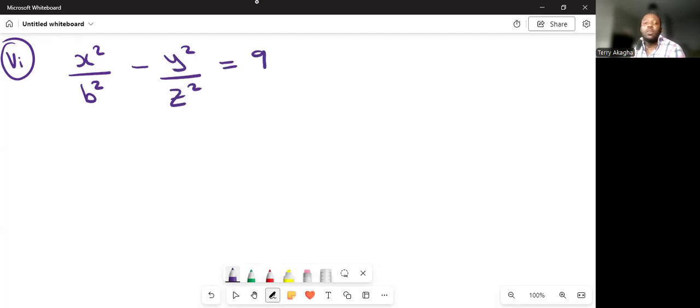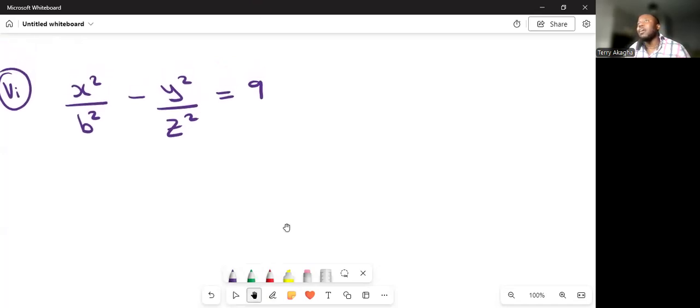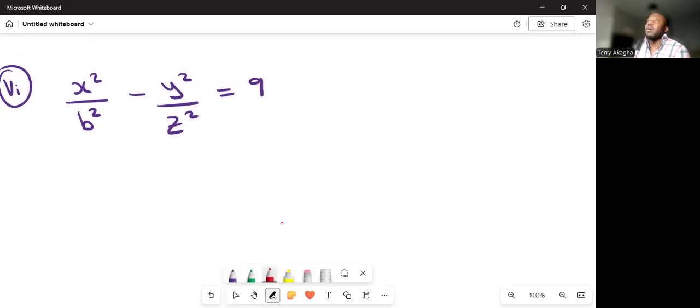All right. So the same thing, like I always say, I prefer to get rid of the fractions. So we multiply both sides by b squared z squared, so that I can get rid of the fraction.